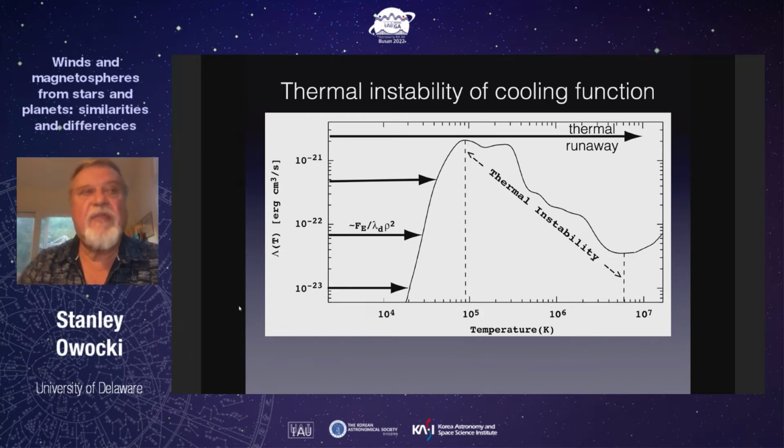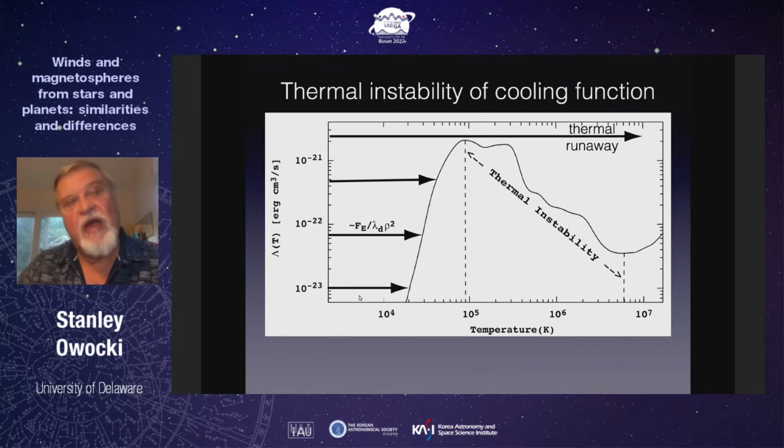Now, if you then calibrate, there's this so-called optically thin cooling function, which has the property that it increases with temperature as you go higher and higher, but then it reaches a peak and declines. The reason is that if you get to high enough temperature, many of the ions are ionized away, and there aren't very many transitions that can give off photons.